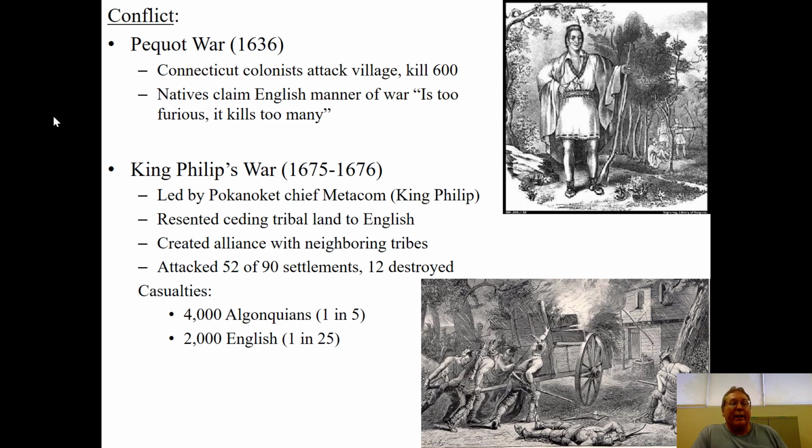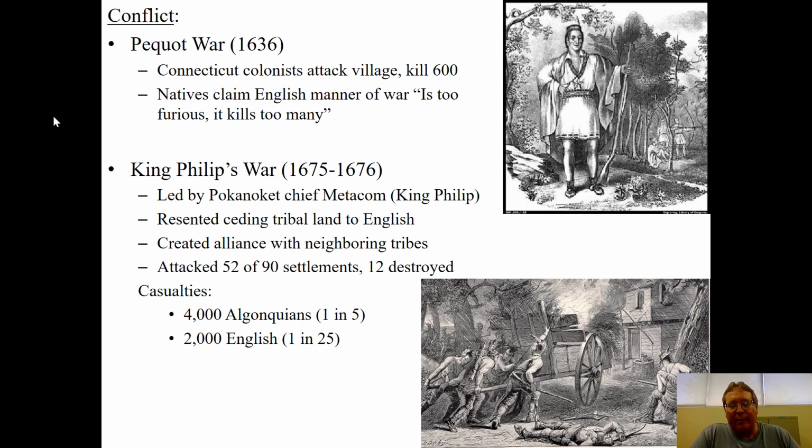When Thomas Hooker leads about 100 families, maybe about 1,000 people all told, to what is eventually going to be the state of Connecticut, they have to force out a group of people called the Pequots that live along the Connecticut River Valley. That war, called the Pequot War, ends in a disaster for the natives.